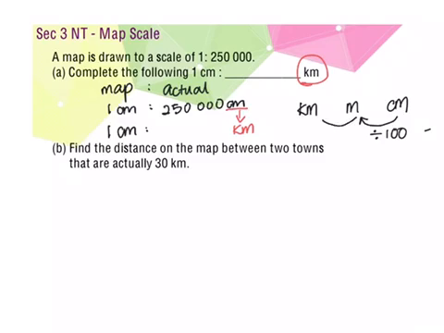From meters to kilometers, divide by 1,000. In this case, I will need to divide by 100,000. And that will give us the answer 2.5 kilometers.